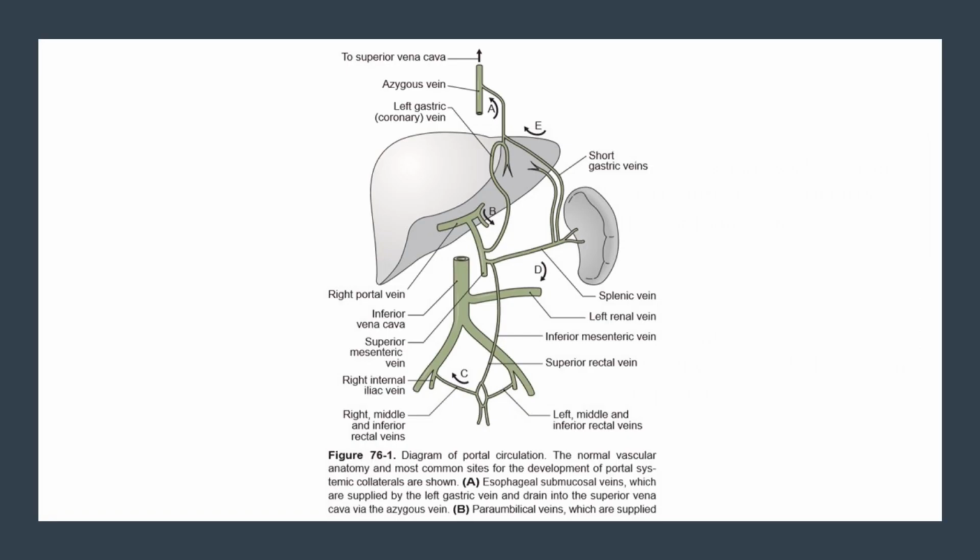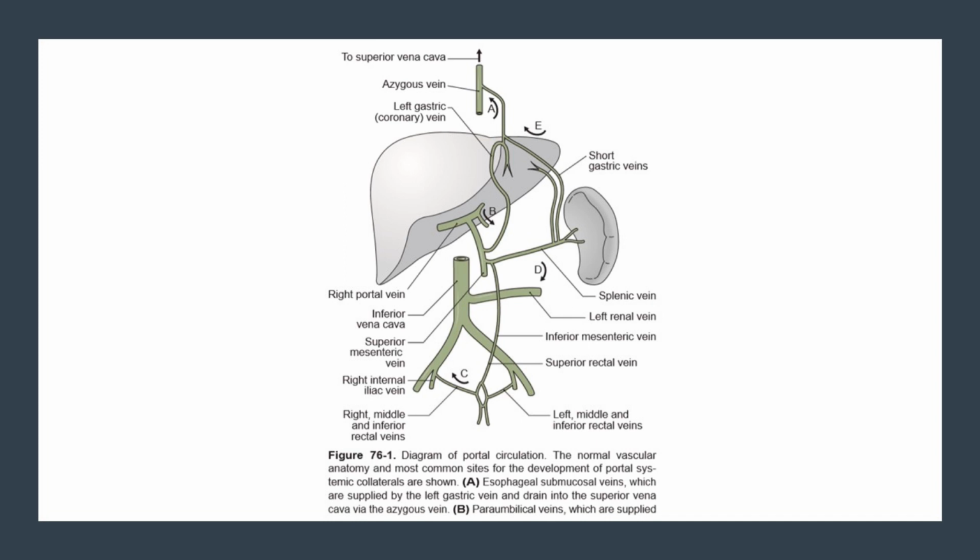This diagram I've taken from Wiley, and I wanted to show you this because it's an extremely good diagram. You can see the splenic vein, and this is the superior mesenteric vein. They join together to form the portal vein. And then you have the left gastric vein that goes into the azygos to the superior vena cava. So your portal cavernoma is going to develop here.